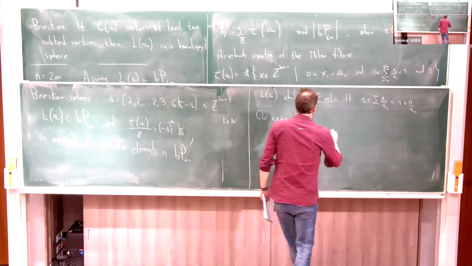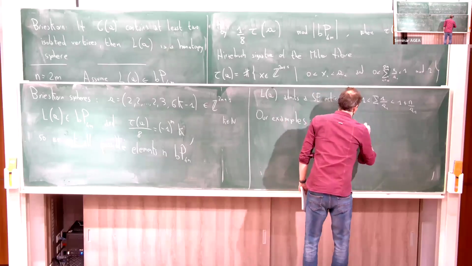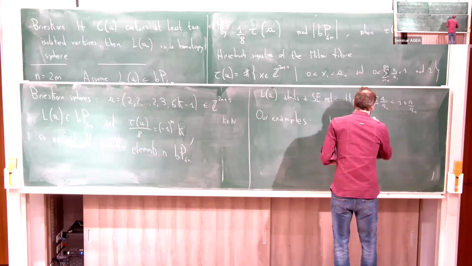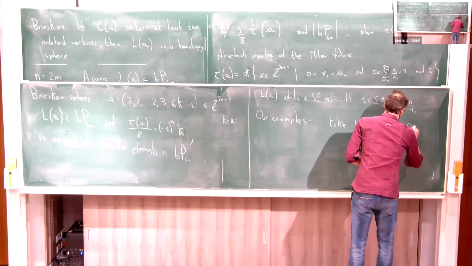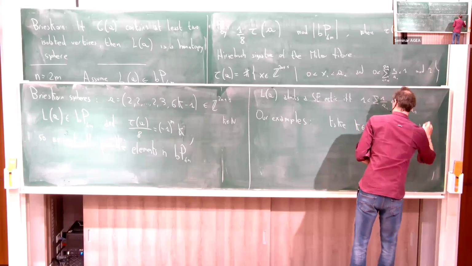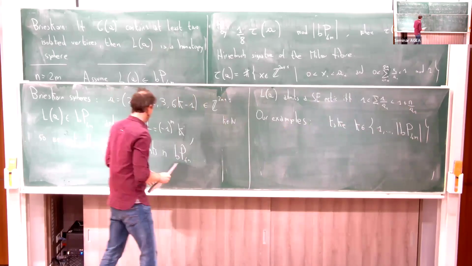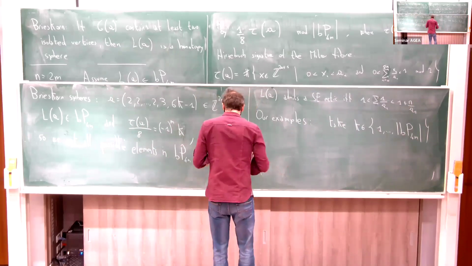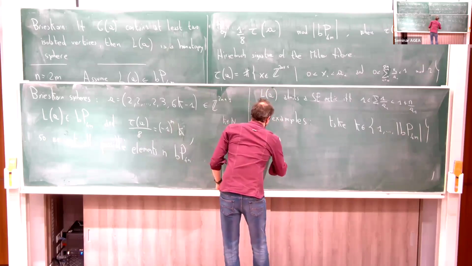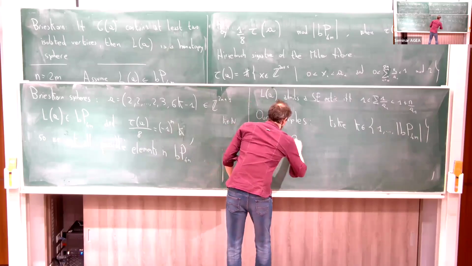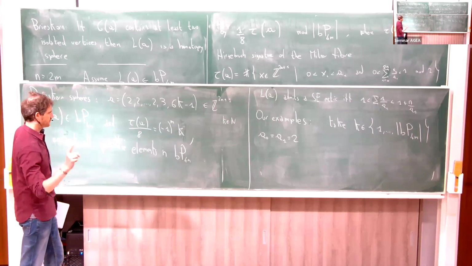Take k, well, any integer, but let's just make it vary between 1 and the order of the group. Then we take the first two, a_0 and a_1, equal to 2.